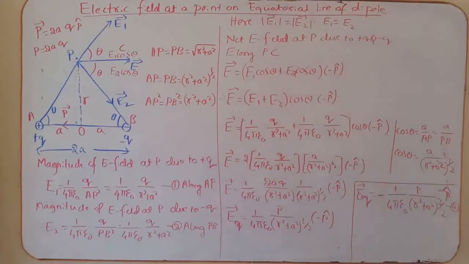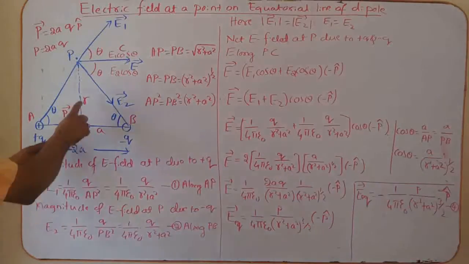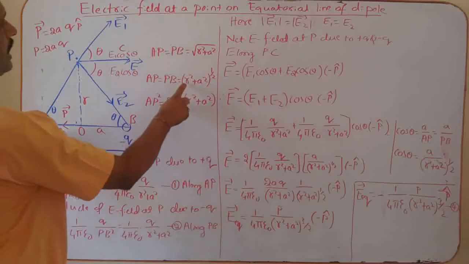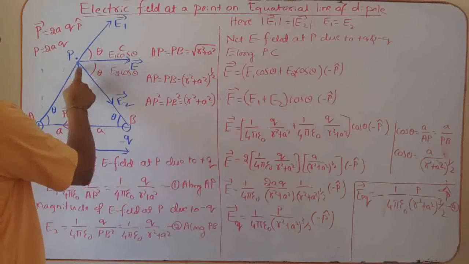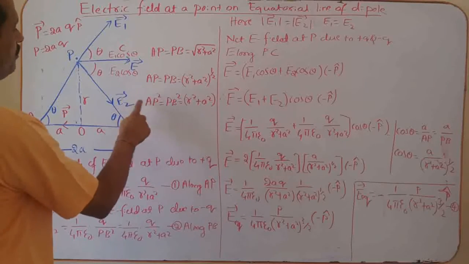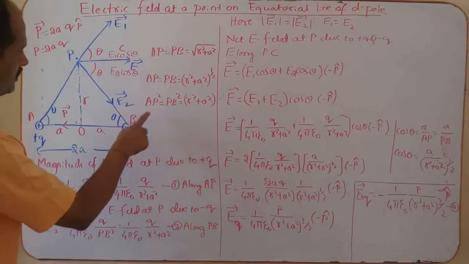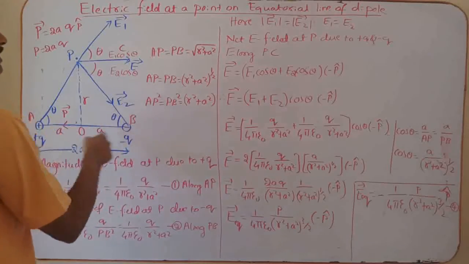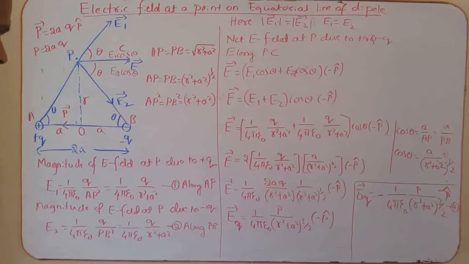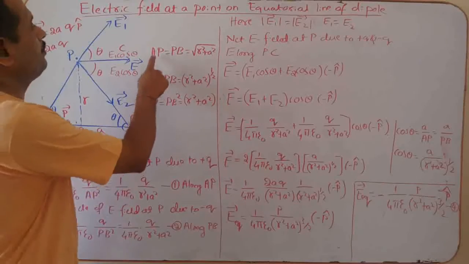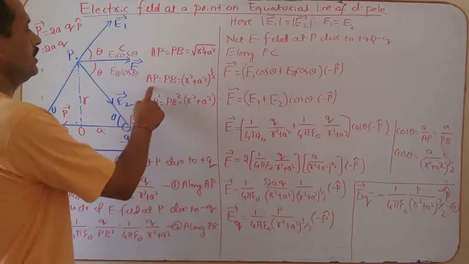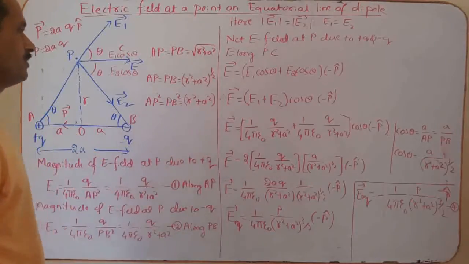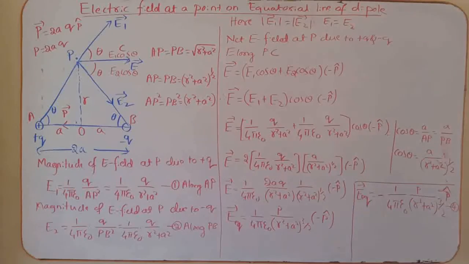Because it is the bisector. According to Pythagoras relation, AP square equals PB square equals r square plus a square. Then AP is equal to PB, the root of r square plus a square, that is (r square plus a square) raised to 1 by 2.